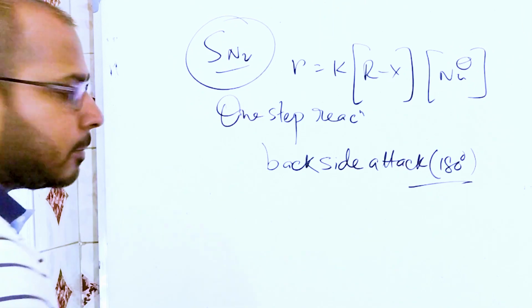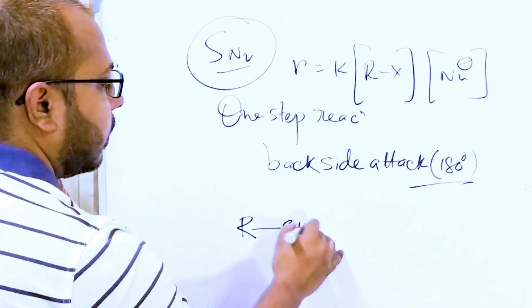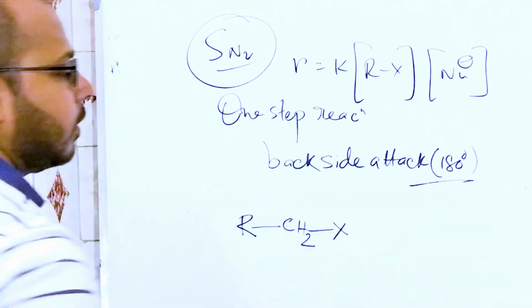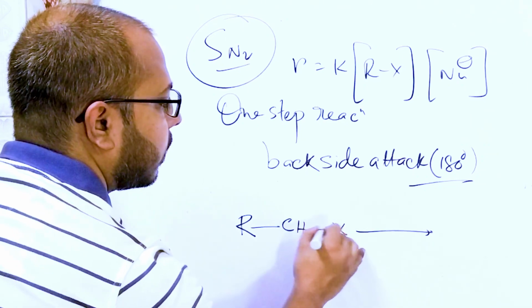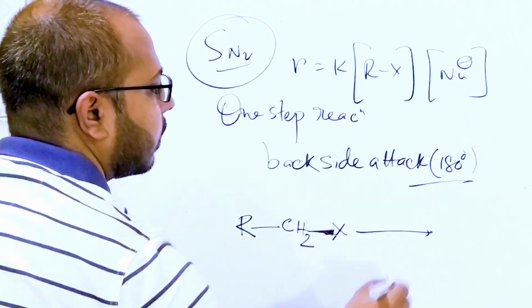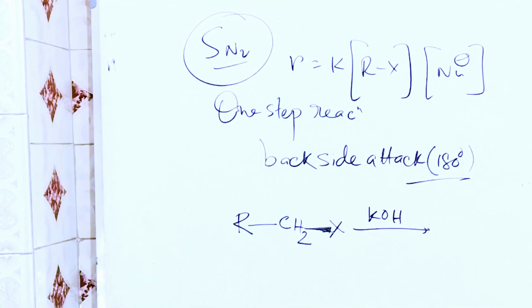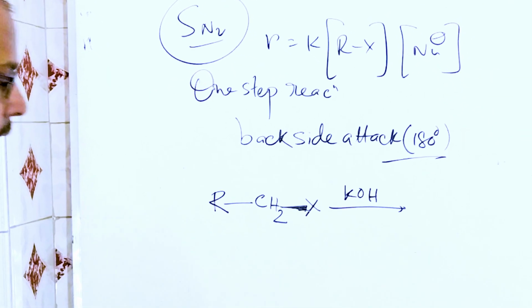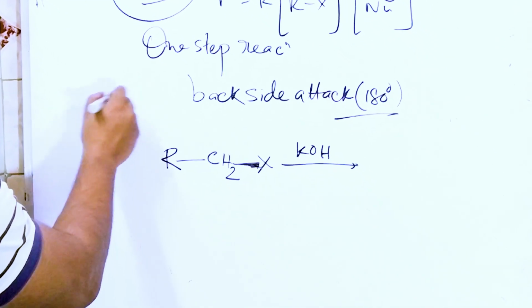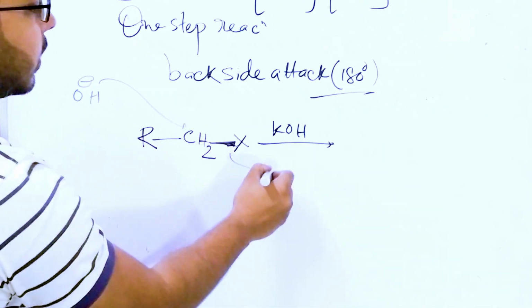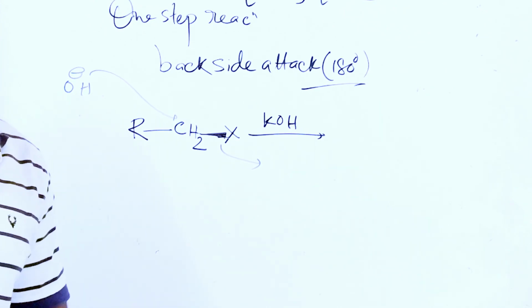So let us see. Aqueous KOH is there. Then OH minus will attack from this side and X will be just substituted.